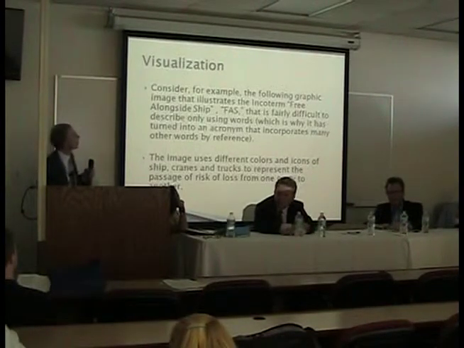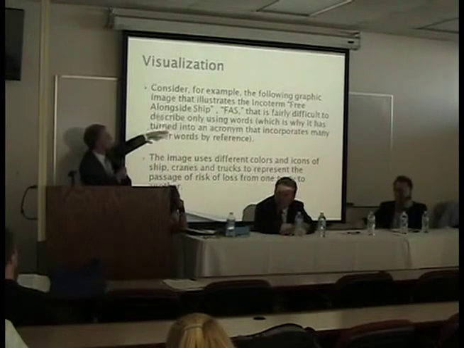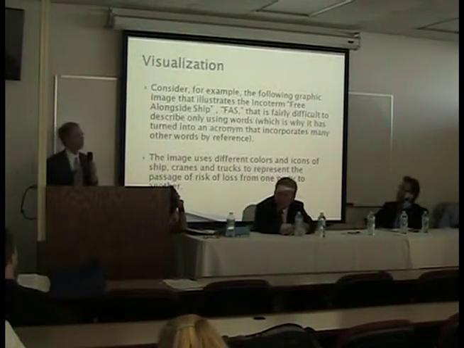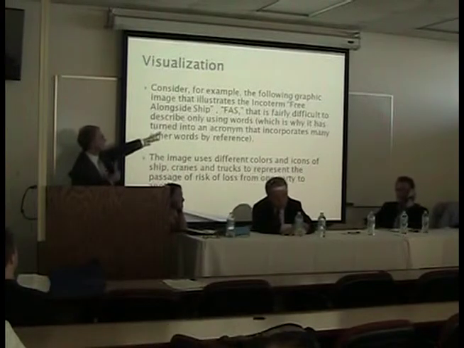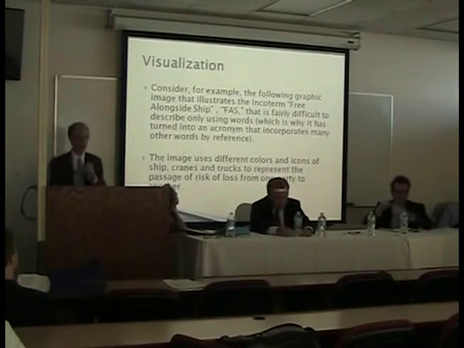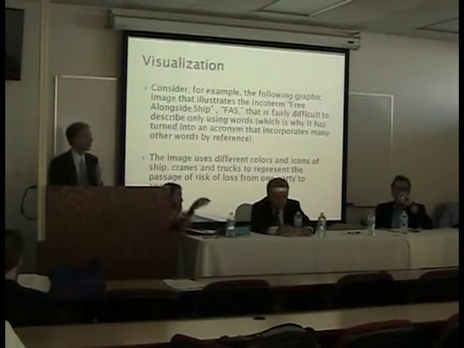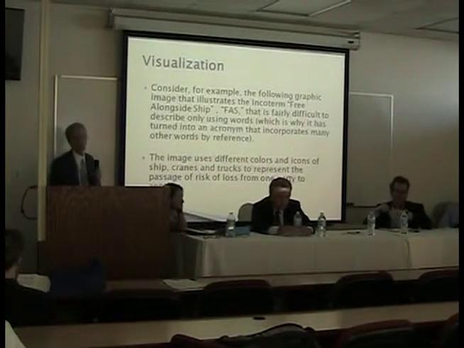Still, there are other functions that can be done better, more easily than the ones indicated there. For example, many of us who've worked in the UCC know the INCO term, free alongside ship. That's made into an acronym because it's so difficult to describe all of the rights and duties that flow from use of that particular term. That's why we have an acronym for it.